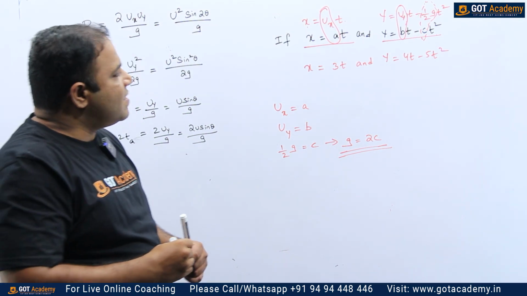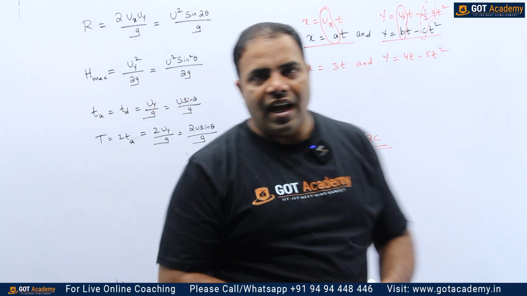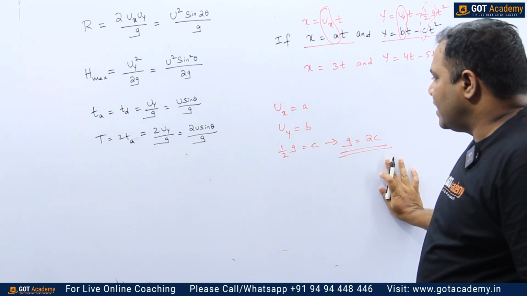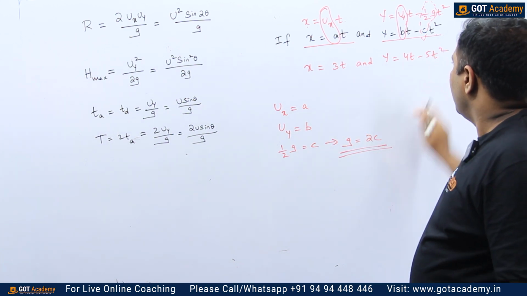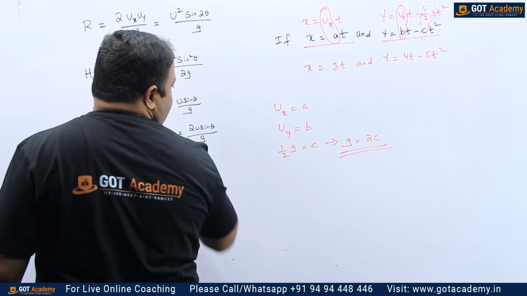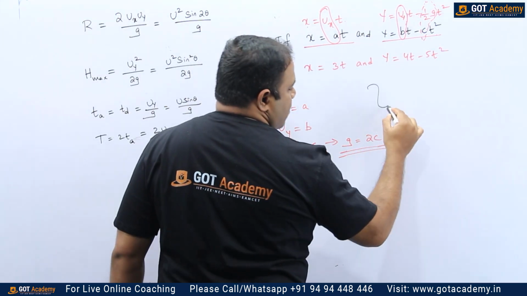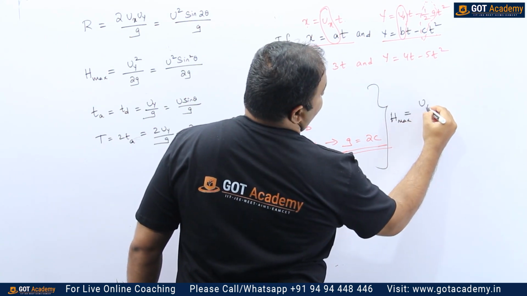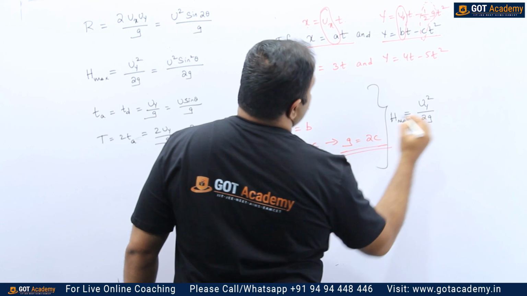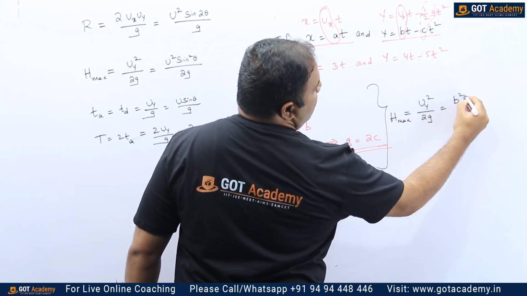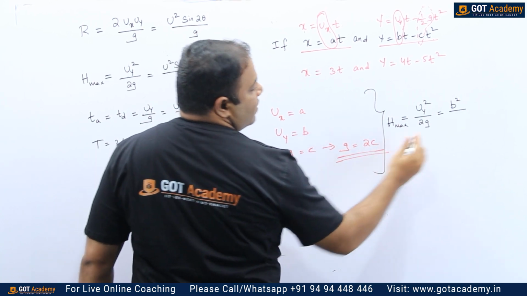Before I start doing this, I have to be very clear what is a, what is b, and what is c. Now let me make use of these formulas. We have discussed h max is equal to u_y squared by 2g. u_y is nothing but b, so directly I write b, and g is 2c.